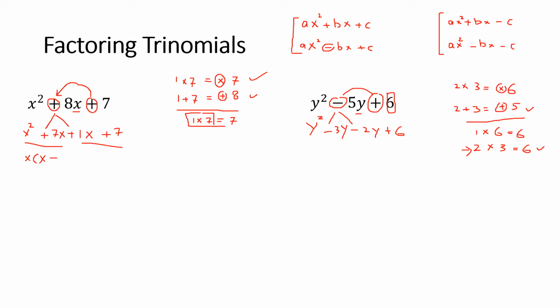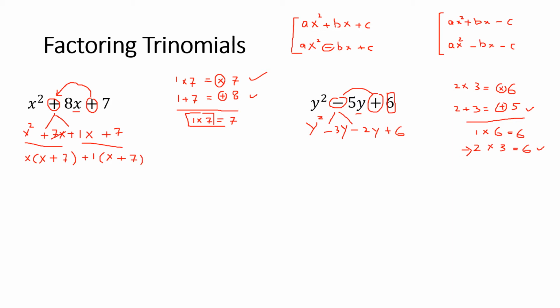Then plus, if these two are divided by x, 7 will be left. Now the last two terms don't have anything common, so we can divide them only by 1. So 1x divided by x will be x, and 7 divided by 1 is again 7.